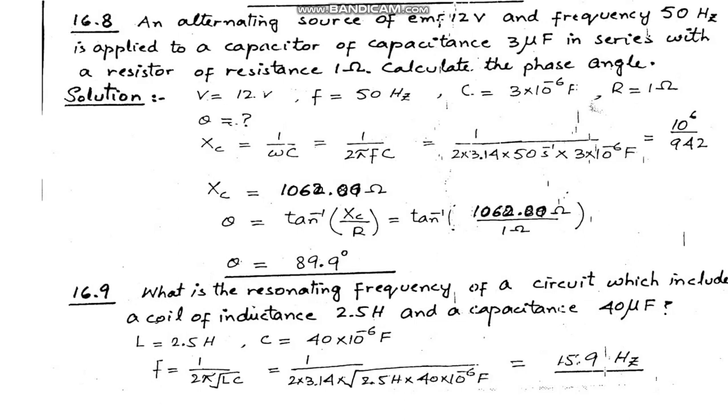The formula of resonating frequency F is equal to 1 over 2 pi under root LC. Put the values in here: 1 over 2 multiply 3.14 multiply under root 2.5 multiply 40 10 to the power negative 6. After solving by using calculator, we get the frequency F is equal to 15.9 Hertz.